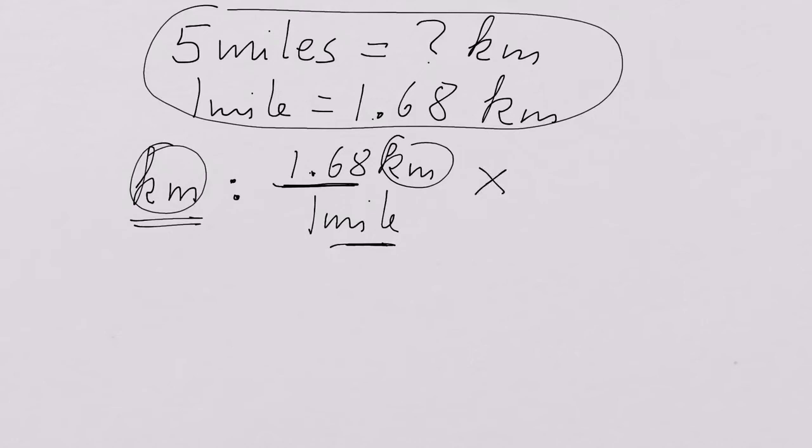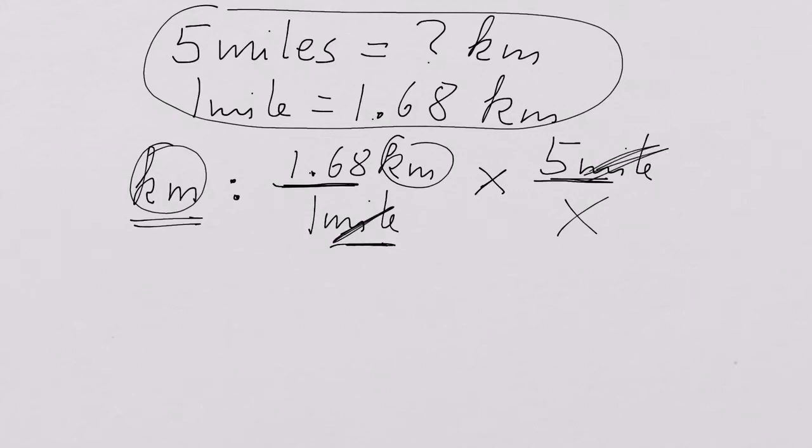Well, we multiply it by something so that this mile disappears and cancels out. Do I have anything with a mile there? 5. 5 mile. Do I have anything underneath? No, don't have anything underneath. What you see is that the unit, the mile, cancels out.